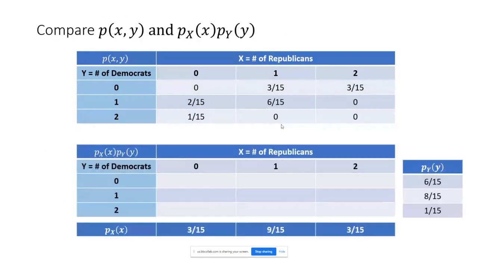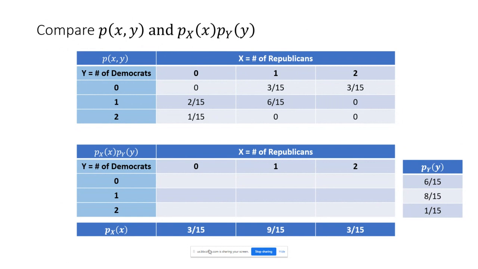And then we want to check whether the joint probability of X and Y is always equal to the product of the marginal probabilities. So we have our joint probabilities, that's our upper table here.